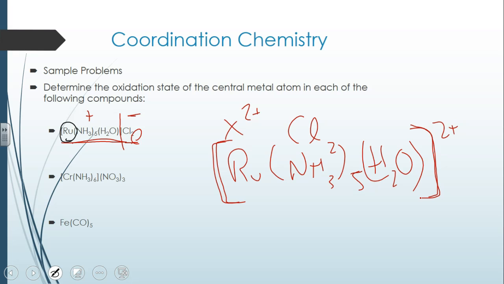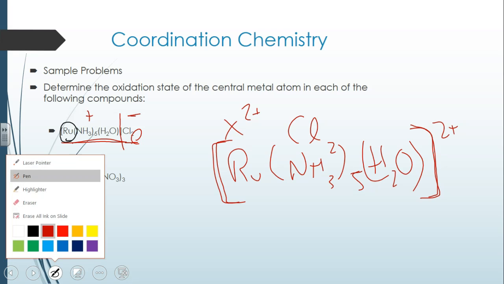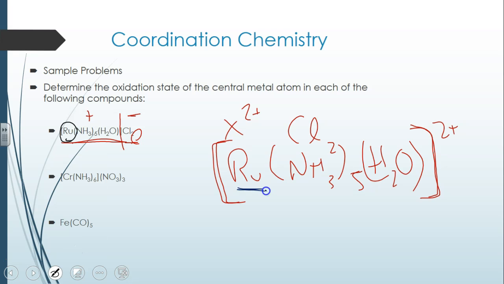Okay, so now what is the charge on the metal? Well, in order to do that, we kind of have to work backwards. What's the charge on water? Water has a 0 charge. And what's the charge on ammonia? Ammonia has a 0 charge.